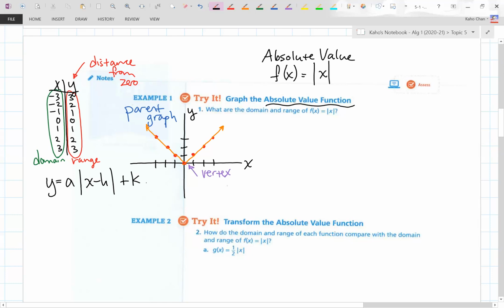That looks familiar. A, of course, is your multiplier. This is a vertical stretch, shrink, and reflection. Shrink is also known as compressions in some books. Please keep that in mind. H is your horizontal shift left and right.